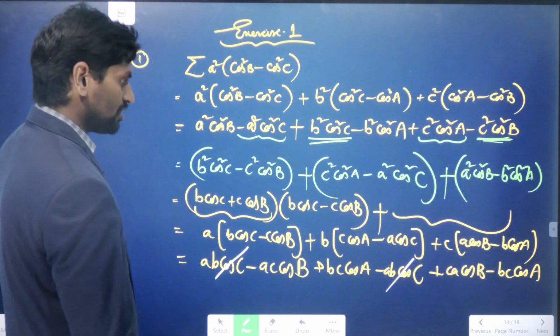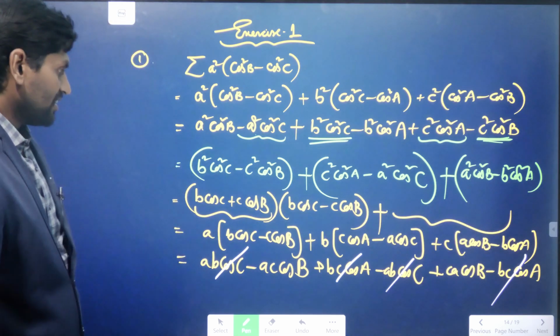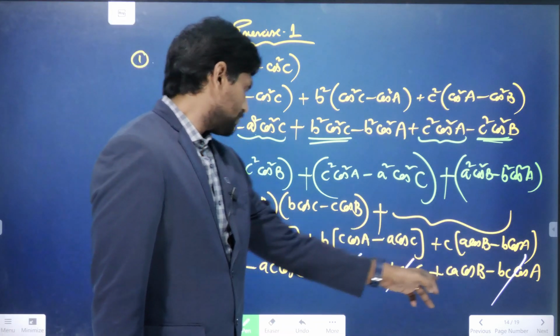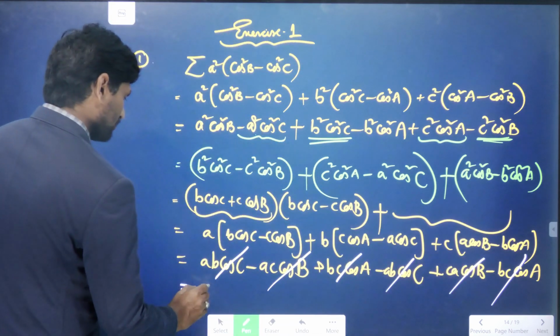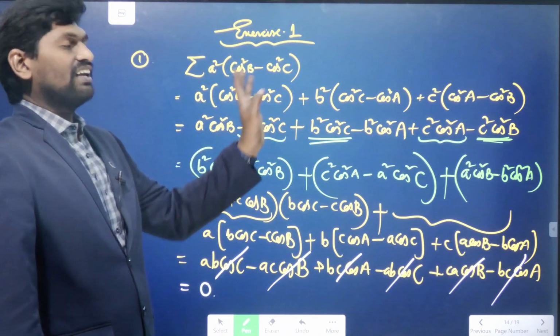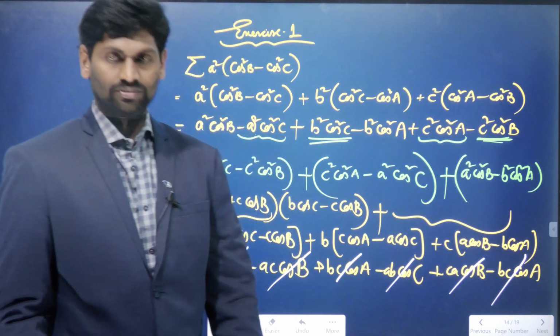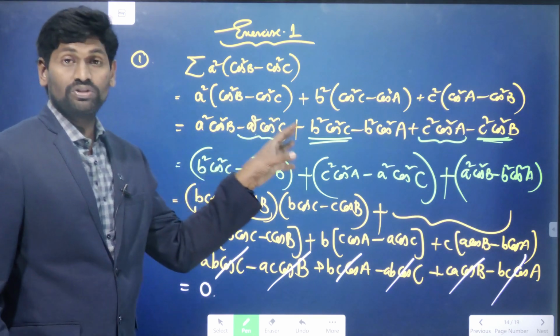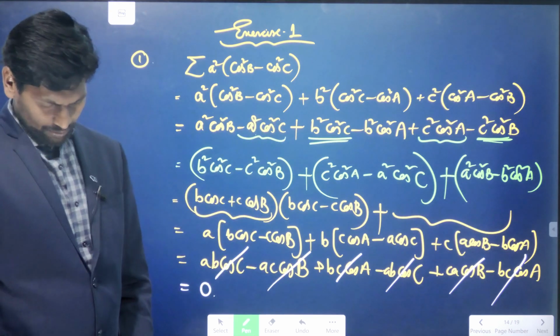Now bc cos A minus bc cos A also cancel. What are the remaining? ca cos B and minus ca cos B. These two also cancel. All cancel means it becomes 0. So therefore this entire value becomes 0. Okay, the right answer is 0. So for this we need to do this much process. Please note that. We will go to the next problem.